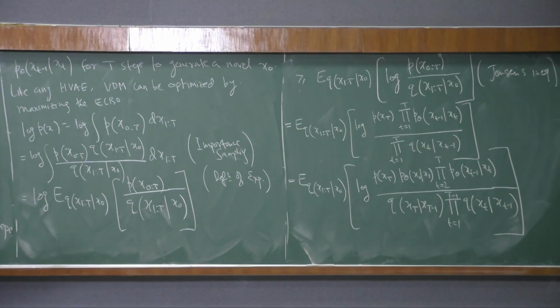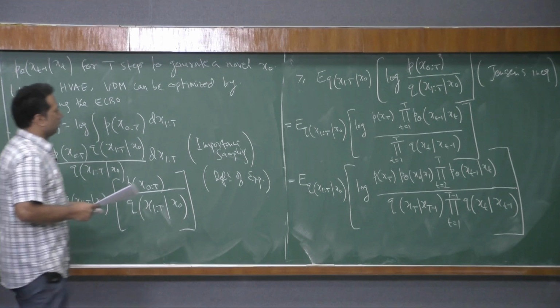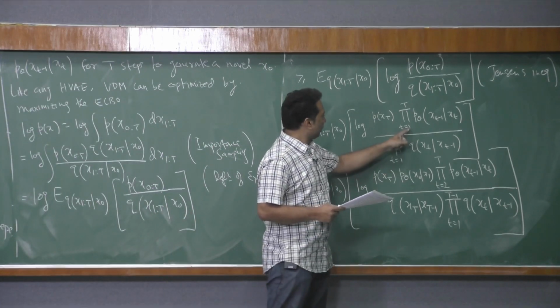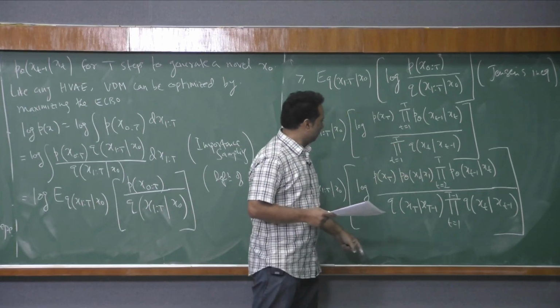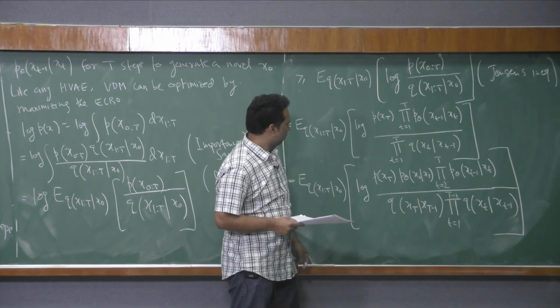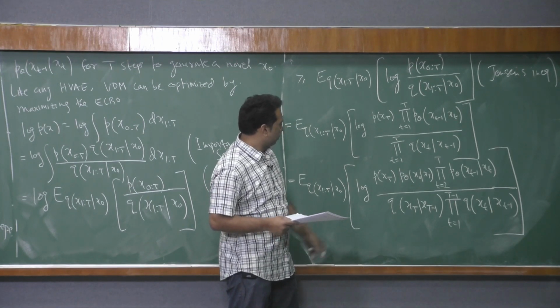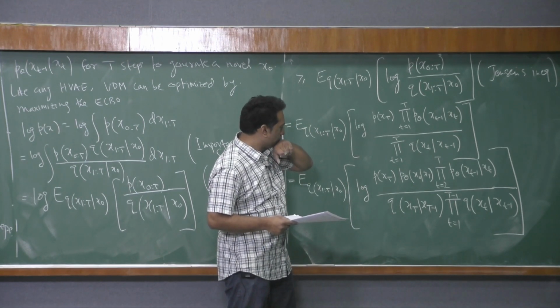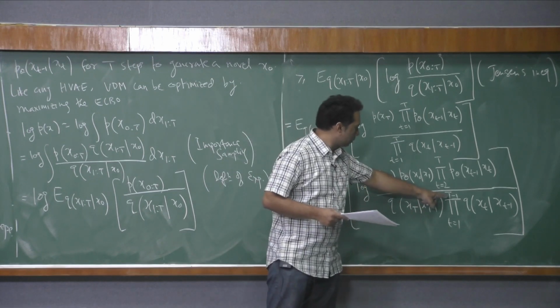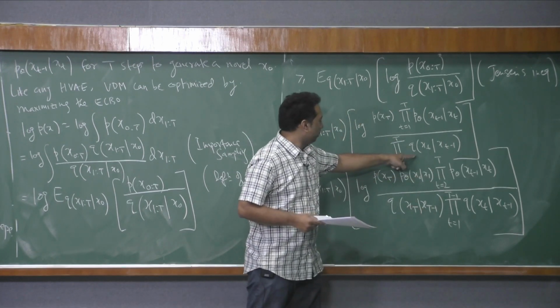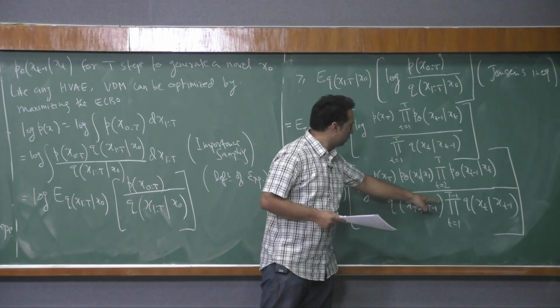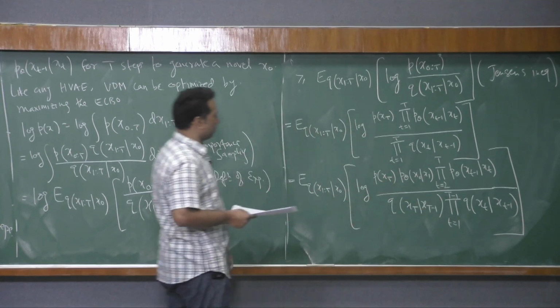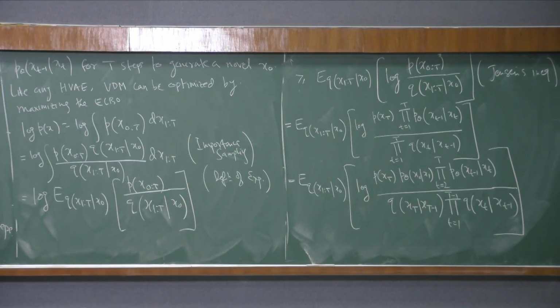Right. So I just took out a few terms. In the numerator I took out p theta x0 given x1 and then increased the product start from 2, and in the denominator we decrease, so we took the last term from here, which was q of xt given xt minus 1, and we go only up to t minus 1 now.